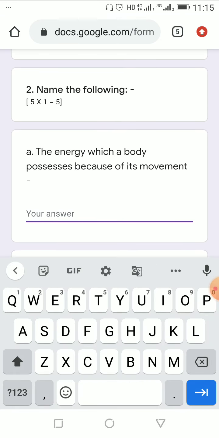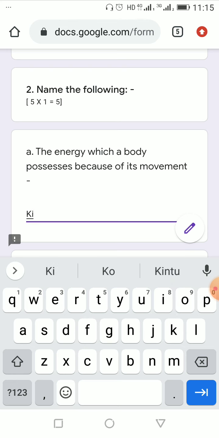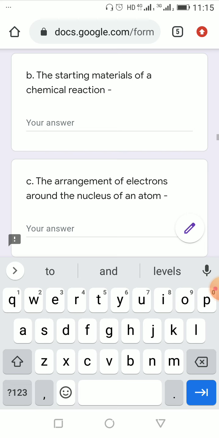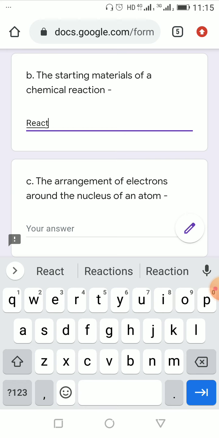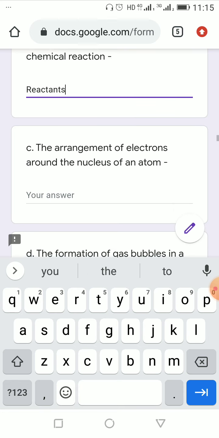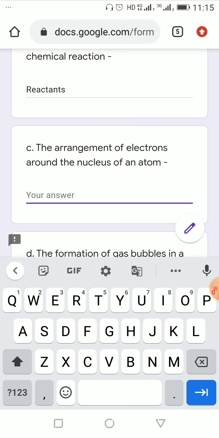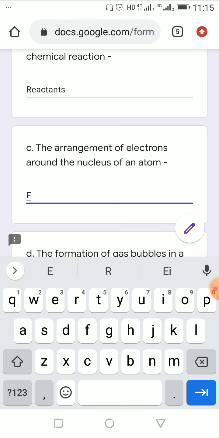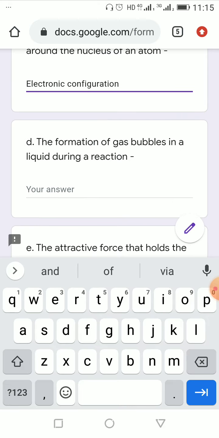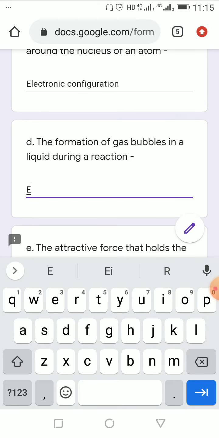This will be reactants. Arrangement of electrons, this is electronic configuration. This is effervescence.